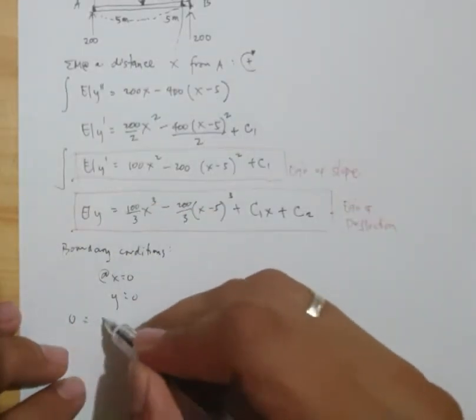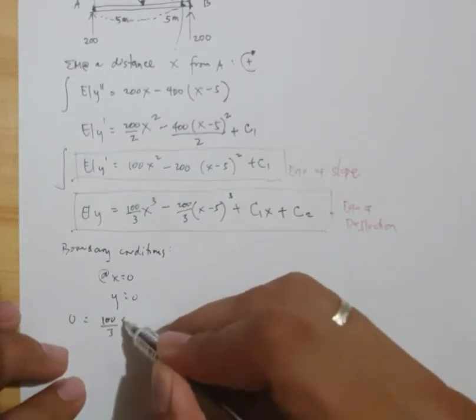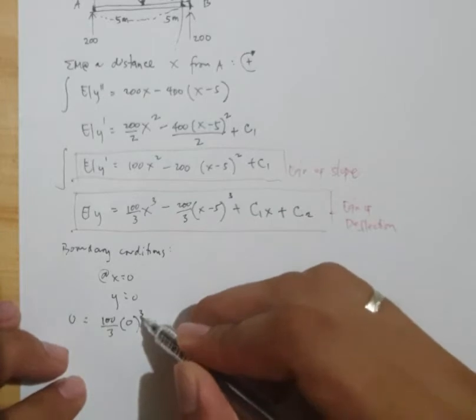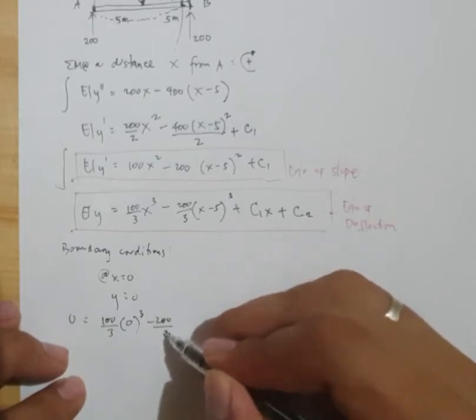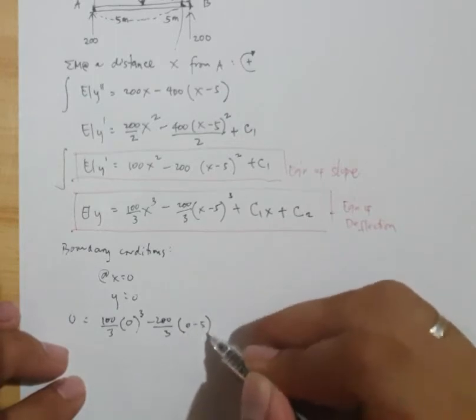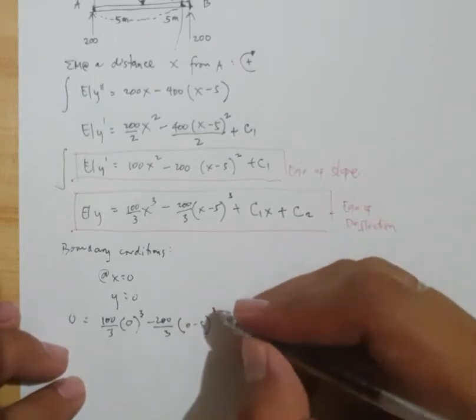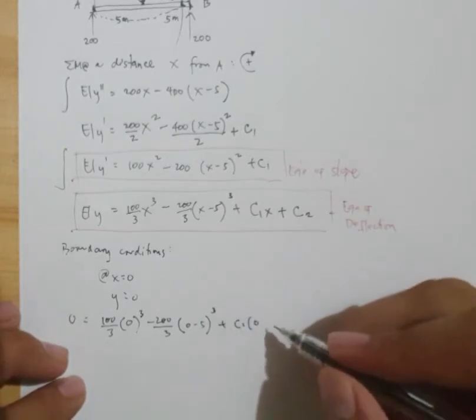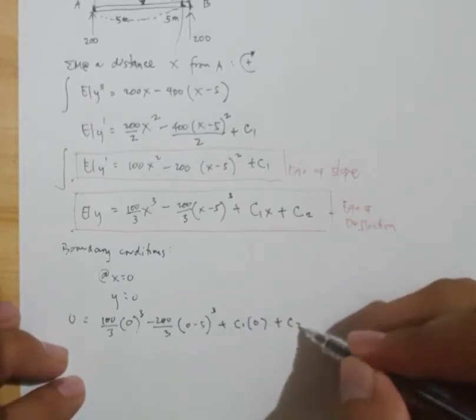So 0 is equal to 100 over 3 times 0 cube minus 200 over 3 times (0 minus 5) cube plus C1 times 0 plus C2.